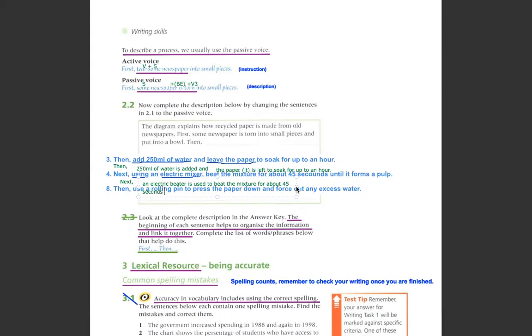Okay, but now something needs to change. So here, this is still active. It forms subject verb. So let's change this into the passive as well.